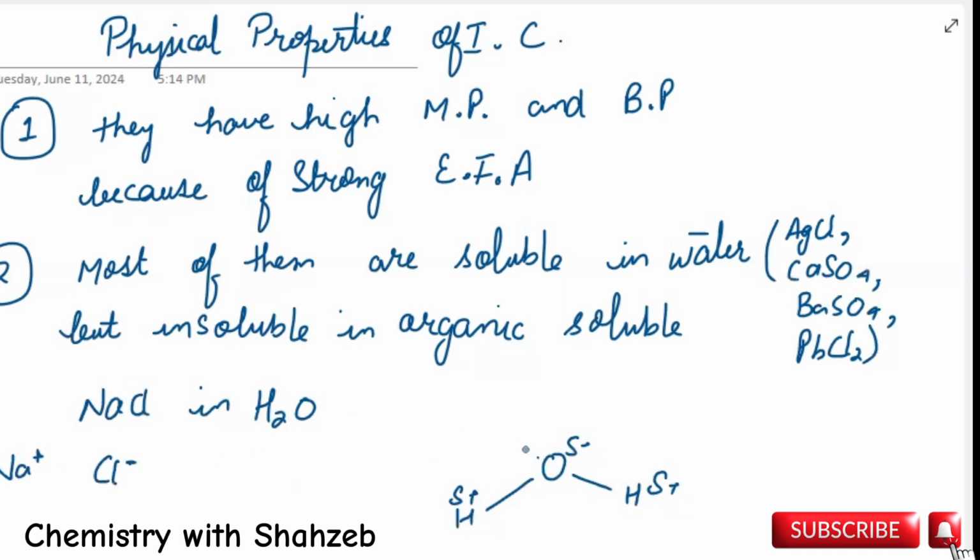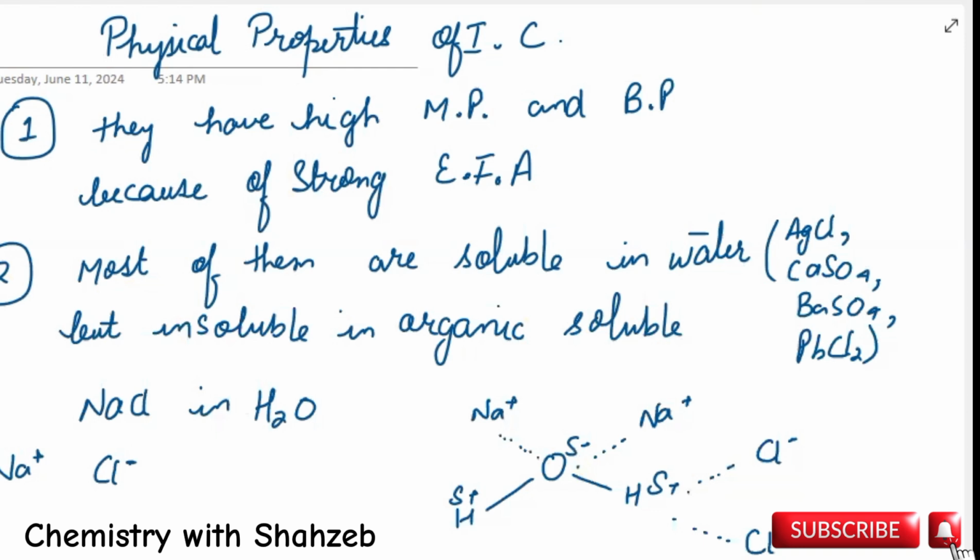So oxygen attracts the sodium ion here. The hydrogens are going to attract the negative chloride ion here. That becomes the reason by which these ions are separated and dissolved in water.